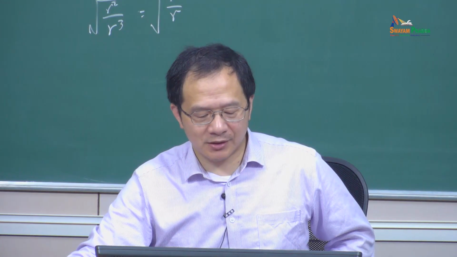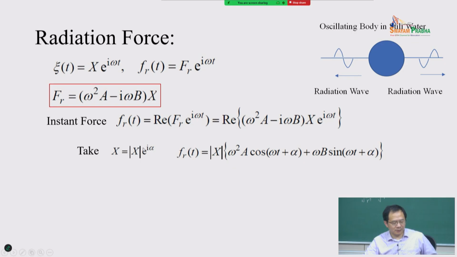So you can have a real part and an imaginary part put together like that. What does it mean? At an instant in time, the force has real components and imaginary components. This complex number is the total force, and you take the real part. So the instant force, for a given real amplitude x, also has some phase alpha.